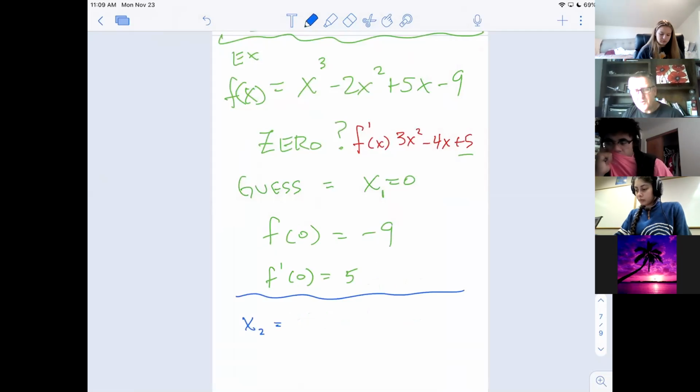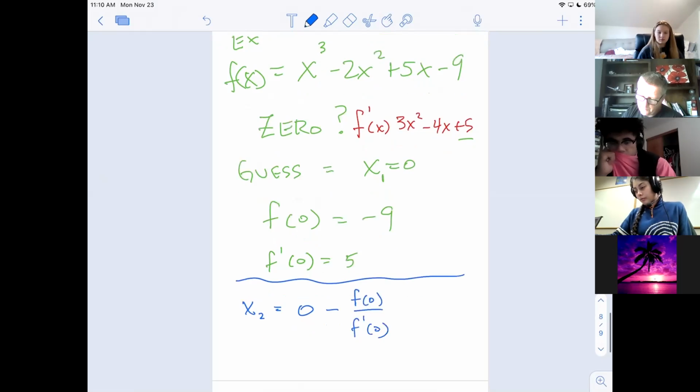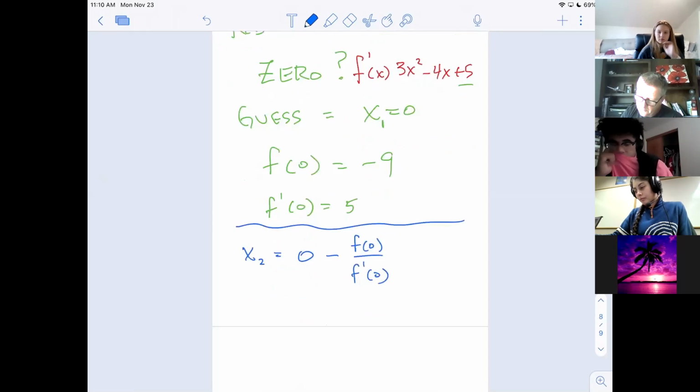How do you find it? What did Newton say? It says take the previous guess and subtract from it the function evaluated at 0 divided by the derivative evaluated at 0. So for me, that would be 0 minus negative 9/5. So that's 9/5. So there's my second guess. That's crazy.